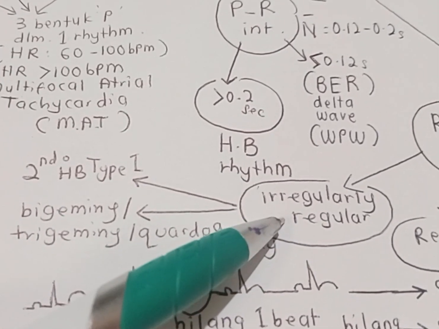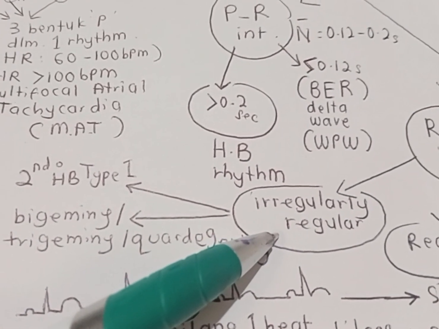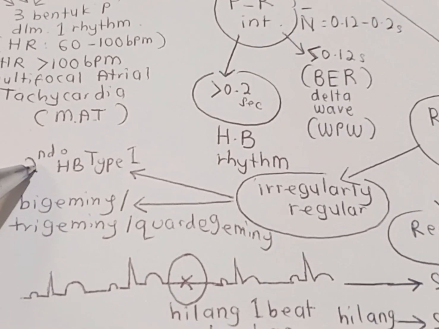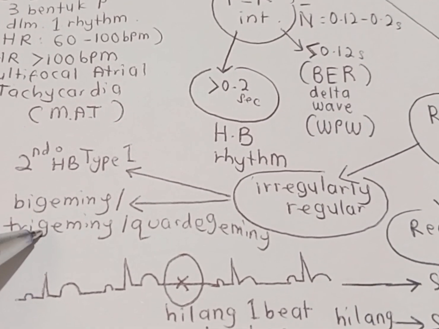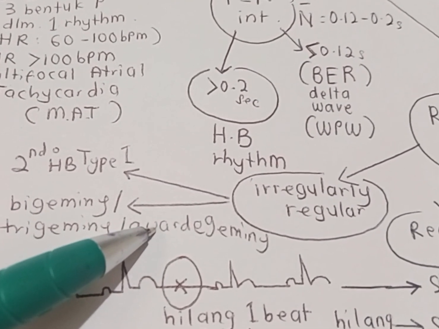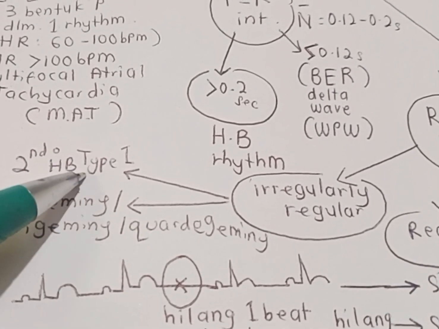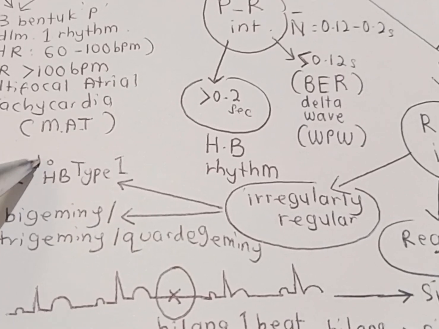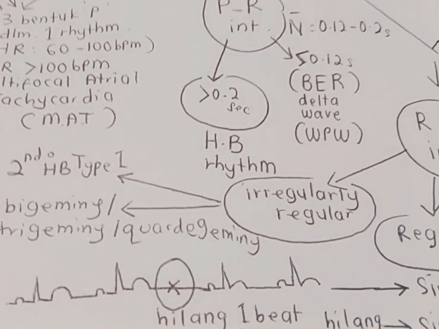If we have an irregularly regular RR interval, we might need to think about second degree heart block type 1, bigeminy, trigeminy, quadrigeminy, whereas the irregular rhythm is going to be regular, irregular, and then regular again.